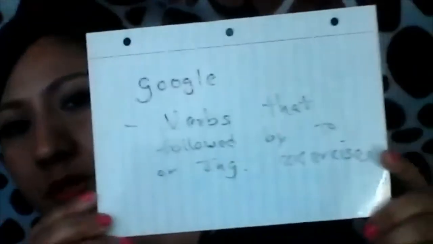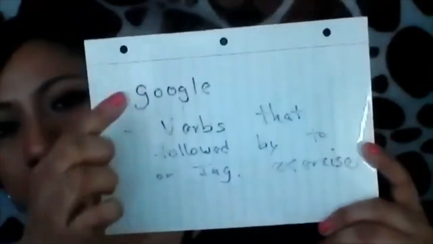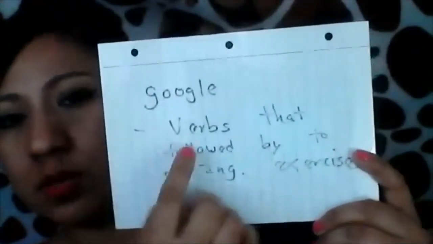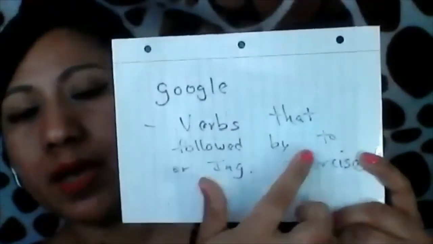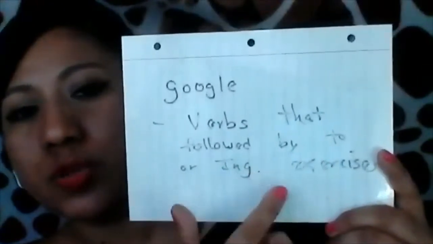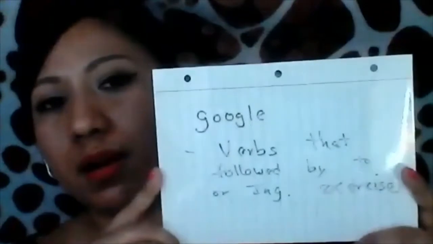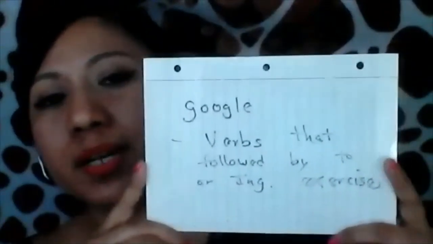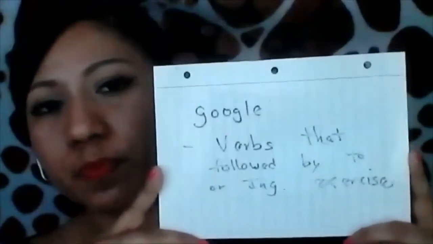In this case, you are going to write exercises. In order to practice more, so you can find more exercises in Google and you put verbs that follow by ing or to exercises. Then you will find, well, this is similar like the exam, you will find more and you practice, okay?